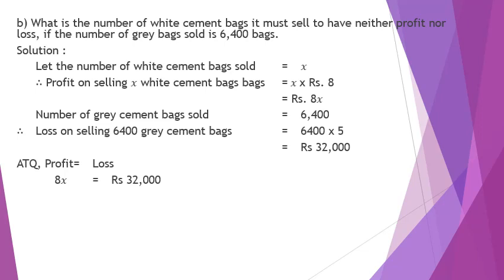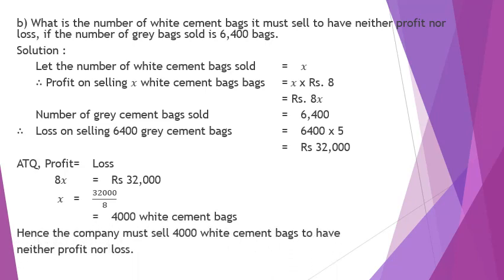So we can write 8x equal to rupees 32,000, or x equal to 32,000 upon 8 equal to 4,000. That is, the company must sell 4,000 white cement bags to have neither profit nor loss.